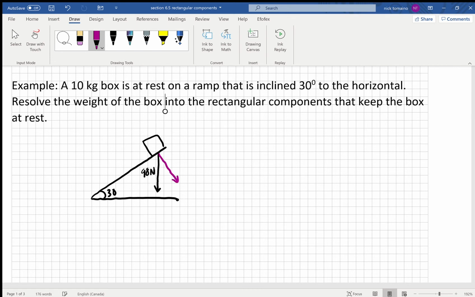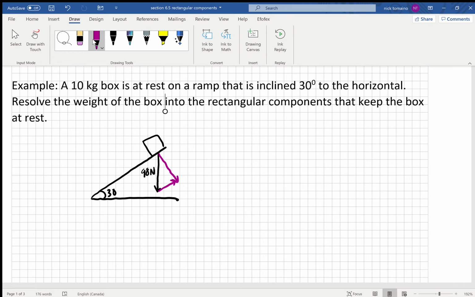And then we have our force of friction, which is keeping the box at rest as well. That opposes the motion, but it doesn't actually matter. We can just do it like this. That's fine. So those are the two forces that are keeping the box at rest.